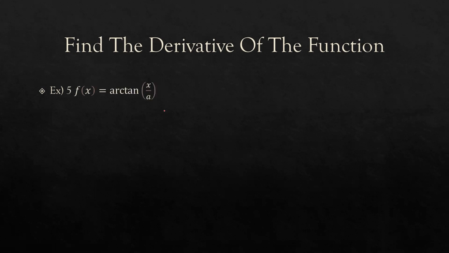Example 5 is f of x equals arc tan of x over a. A is a constant. It's almost like saying 1/5 x or x over 5. So what is the derivative of just regular arc tan of x?